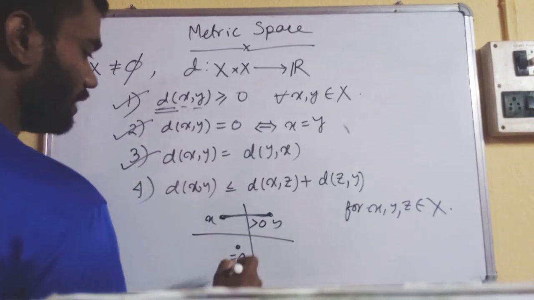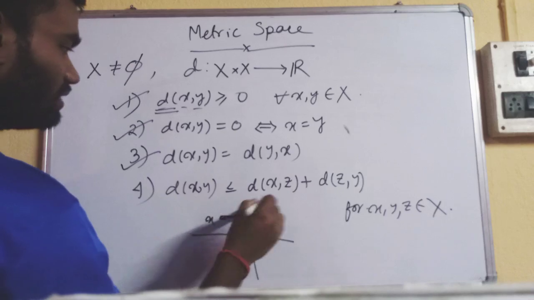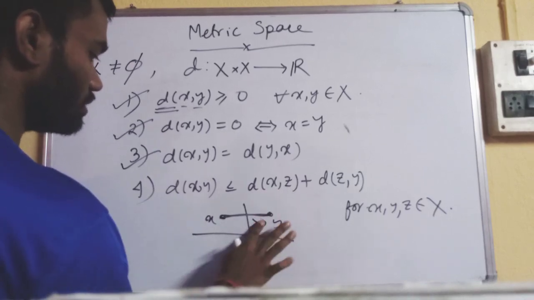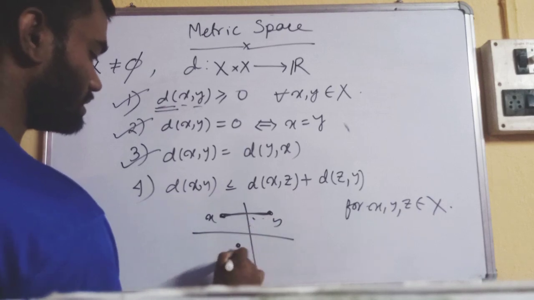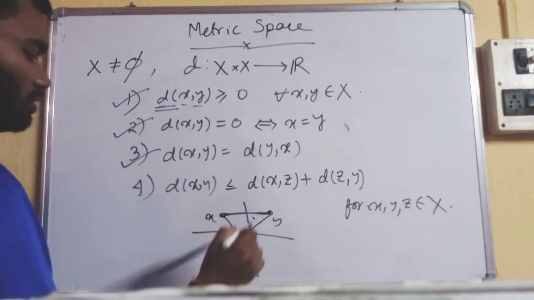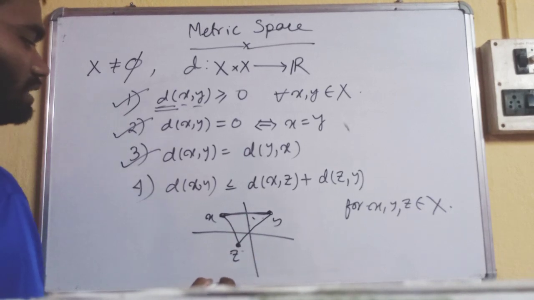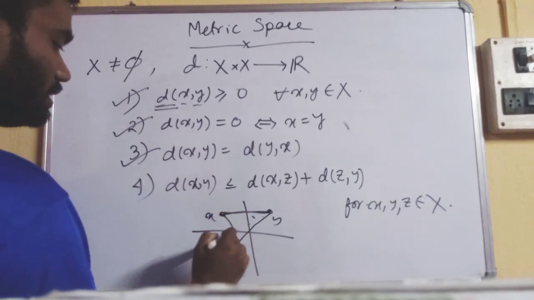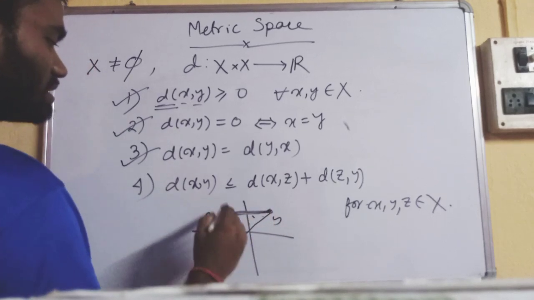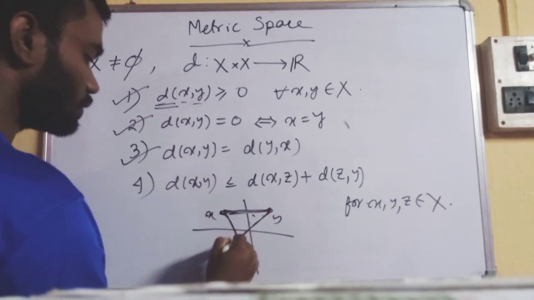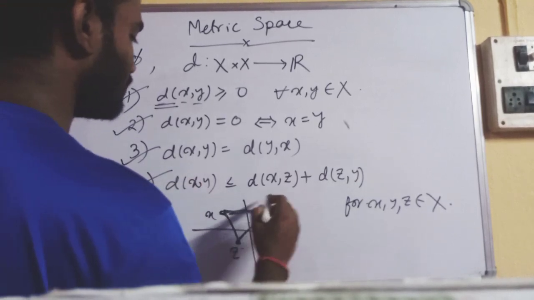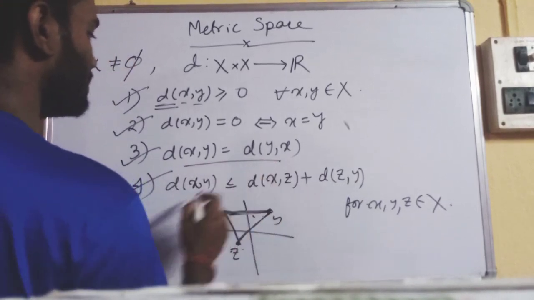And number 3, if I take any 3 points, suppose x, y and z, then from childhood we know about the triangular inequality. Here the length of any one side is less than or equal to the sum of the other two lengths, and this is called the triangular inequality. This is called symmetricity.